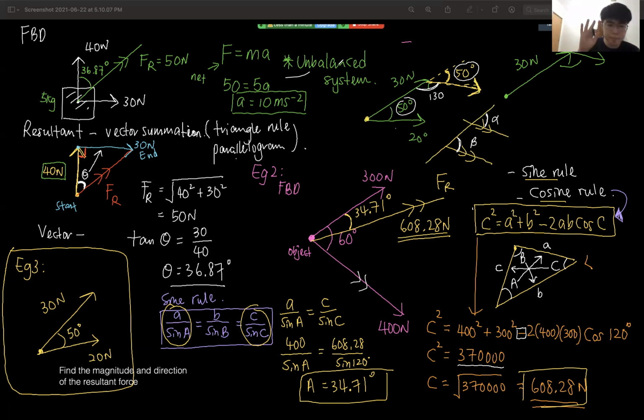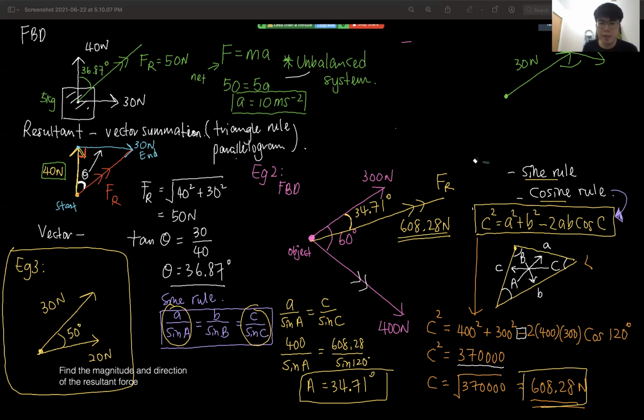Okay, you want me to repeat this one? One more time. I'm trying to find the angle between them, because you see, when I draw the vector diagram, 30 Newton, and then I want to join to the 20, I don't know how much the angle is here.